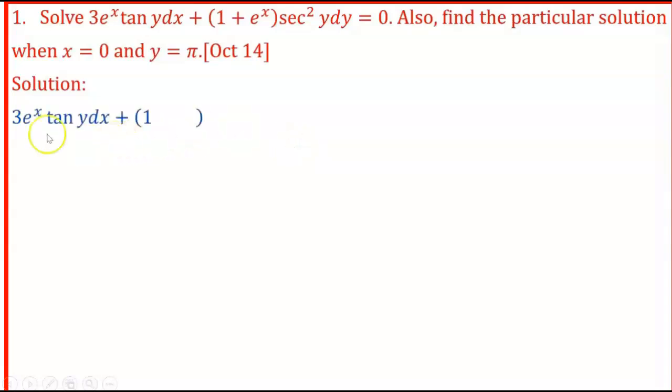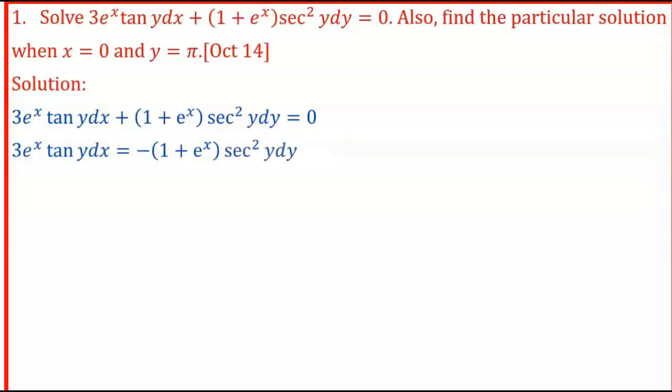Now see this here. 3 into e raised to x tan y into dx plus, in bracket, 1 plus e raised to x into sec square y dy is equals to 0. Now here we will separate the variables. Now shift this term to the right hand side, it will become minus.